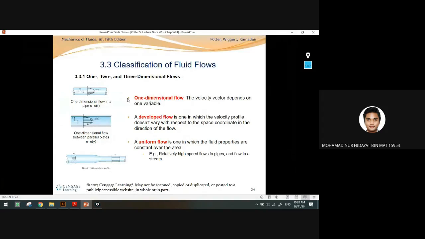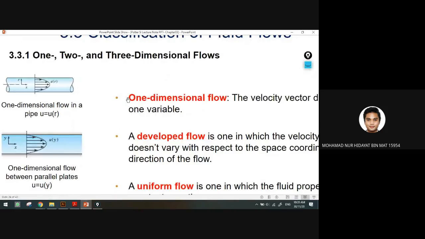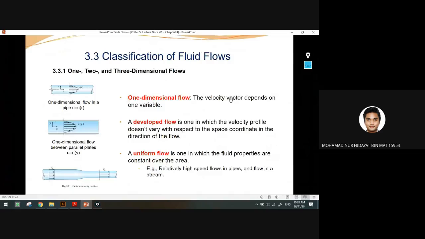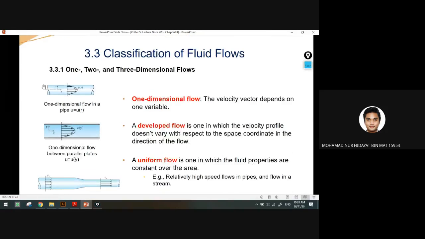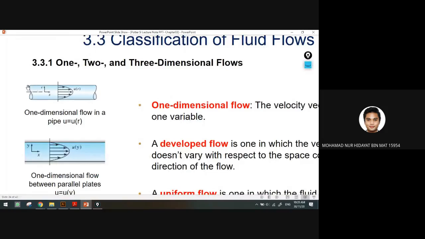So this is what happens when we talk about 1D flow. The velocity vector depends on one variable, which in this case is the R variable. Why R? Because this is a pipe. You can see this is the cross-section of a pipe, one portion of the pipe. So for the pipe, we consider only the R component. The R points upward.